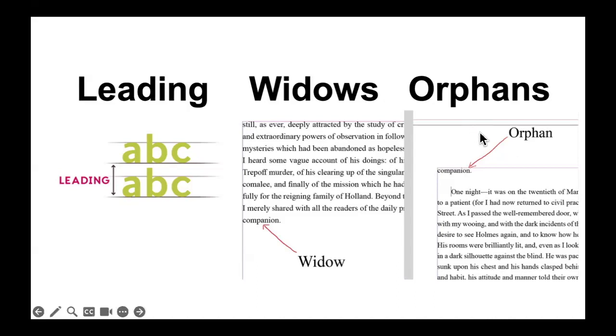All right, widows and orphans. I probably have these confused. I think everybody's confused about these, but just know that they are a thing. So widows or orphans, don't leave one lonely little word on a line by itself, whether it's right here on a paragraph or if it's right here on the top of a column.